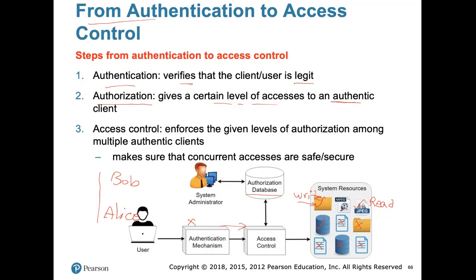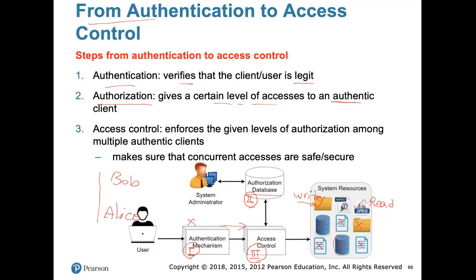So the first thing we do is authentication, and the second thing is authorization, where we define a set of accesses for different legit users or clients. Now it comes to the implementation of those accesses. Who is going to make sure that Alice will not have access to this storage space?